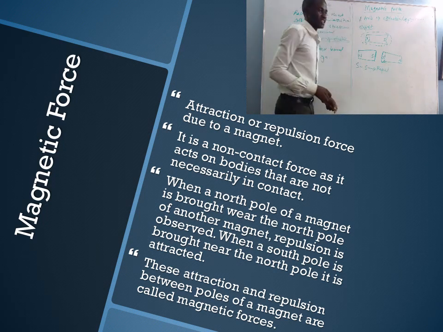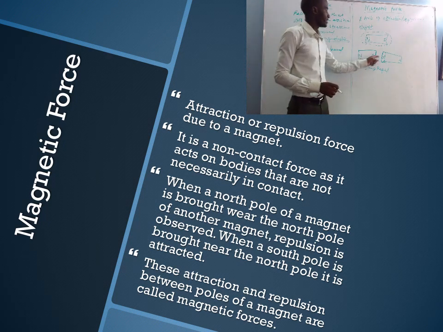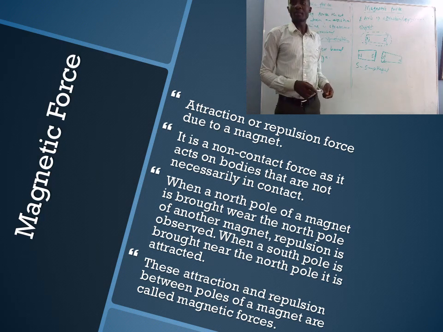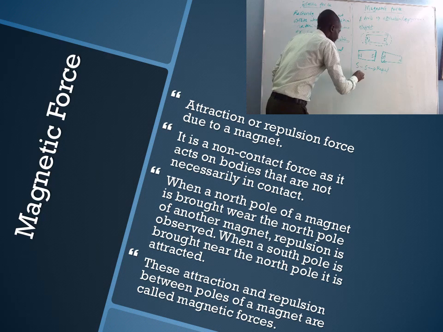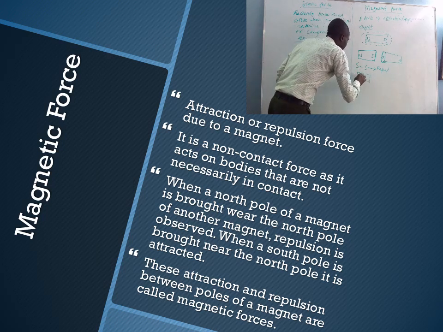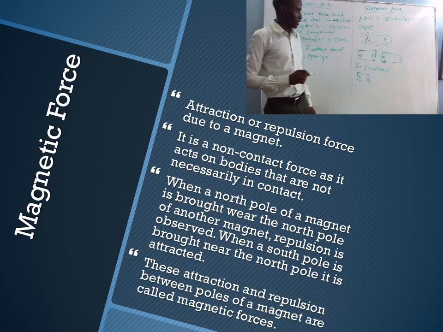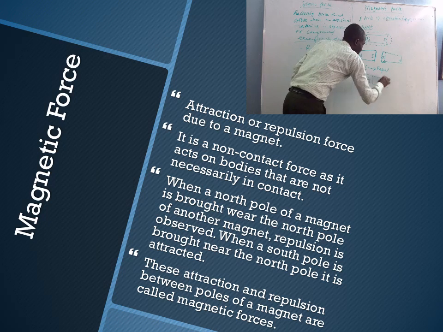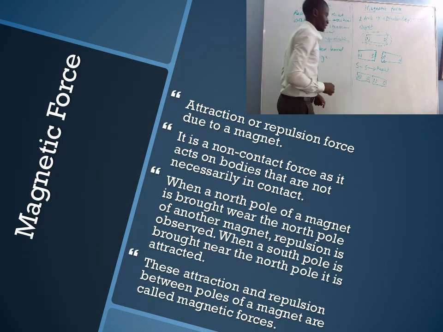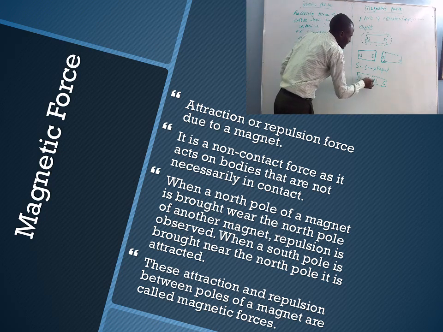There will be repulsion. But what happens now when we change the polarity of one of the bar magnets, such that we have a north pole and a south pole, while for the second one we change the polarity so that it becomes a north pole and a south pole? Then there will be attraction.